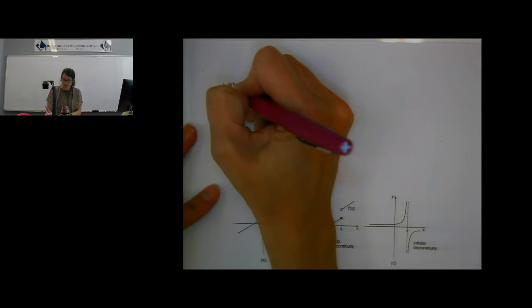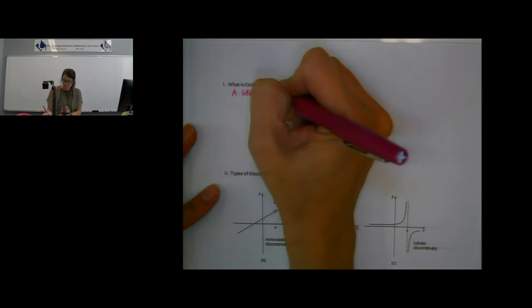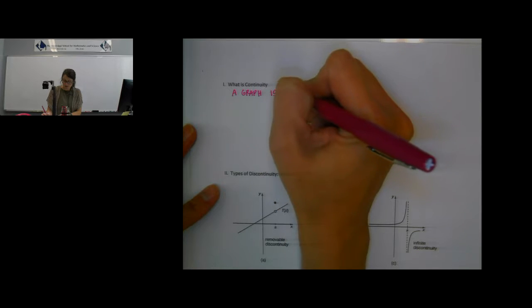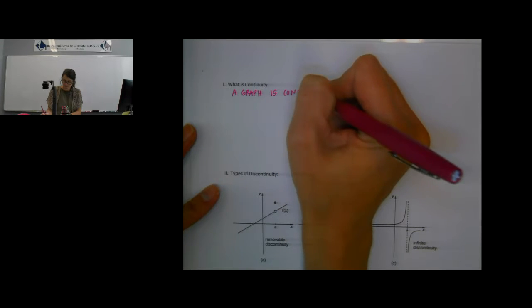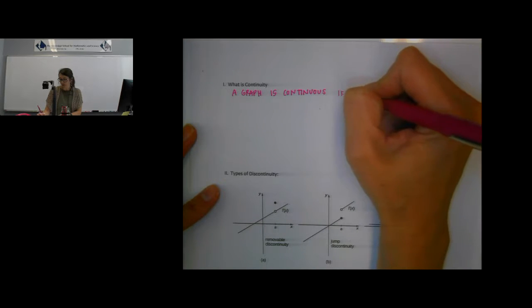So a graph is continuous if there are no breaks or holes.